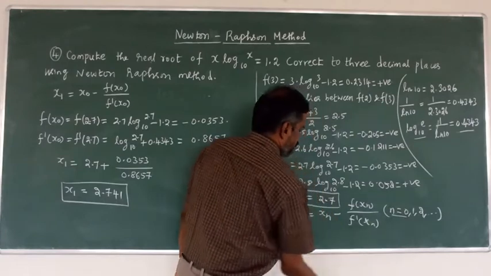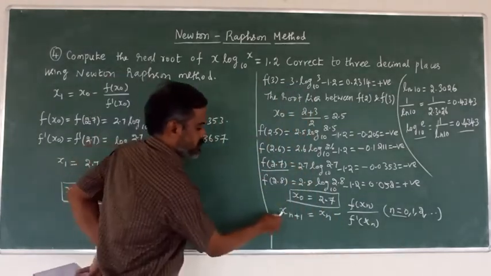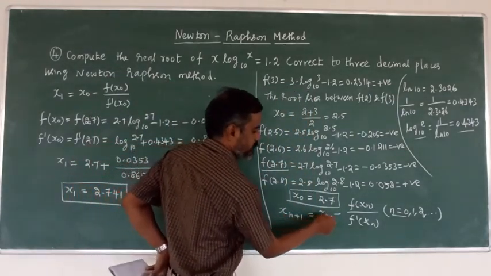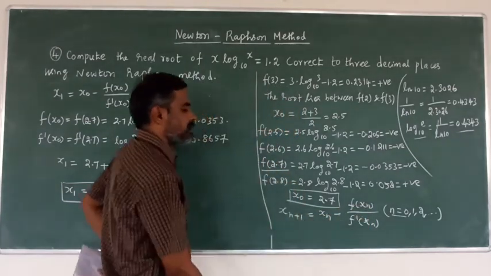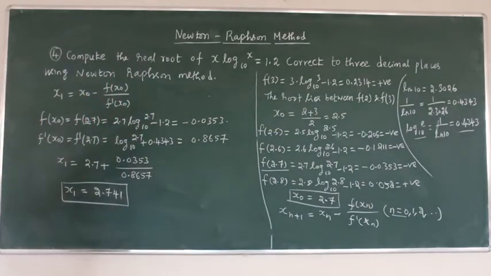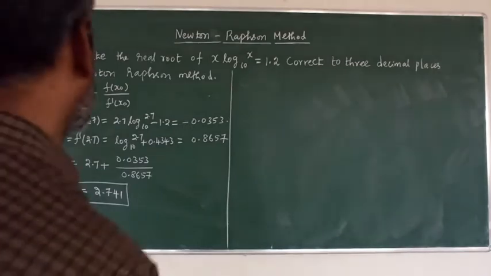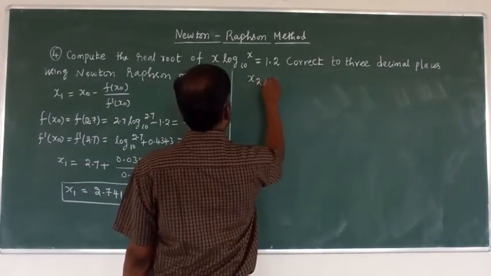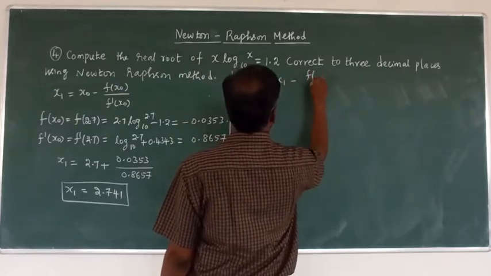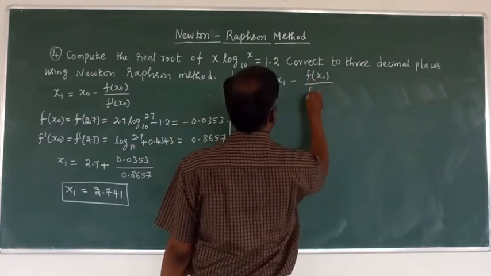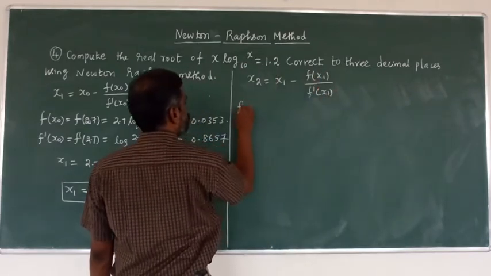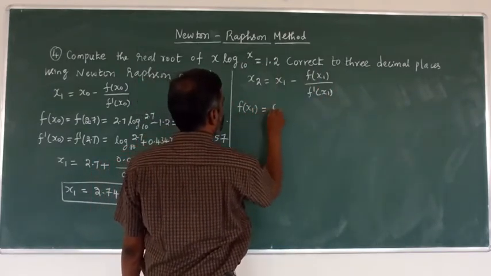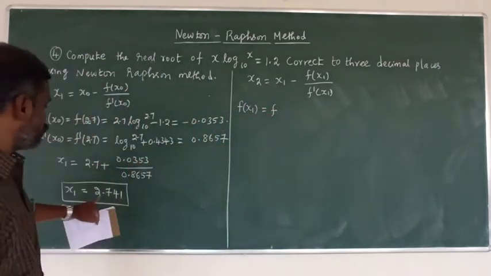Next, substitute the n value 1 in the formula: x₂ equal to x₁ minus f(x₁) divided by f'(x₁). First, find f(x₁). f(x₁) value 2.741.